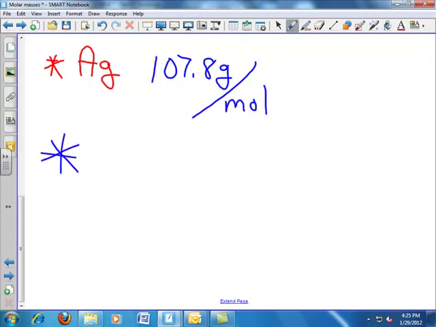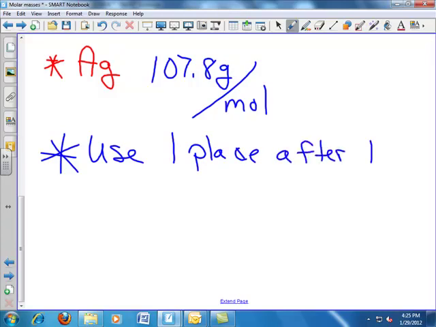I want to see this in your notes so I know that you have it. You will use one place after the decimal in each box.